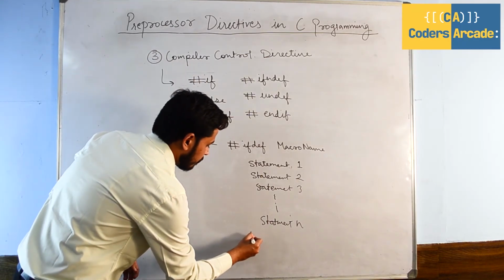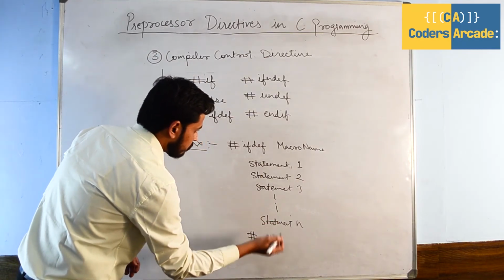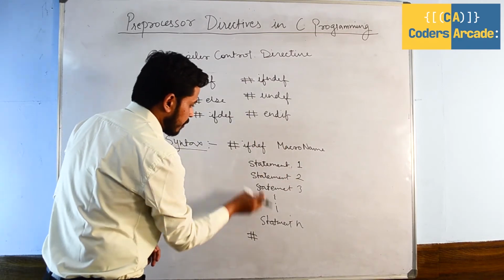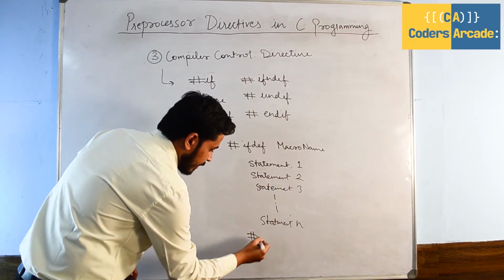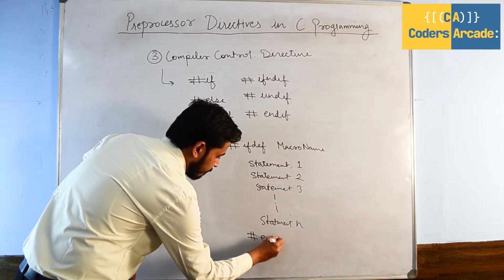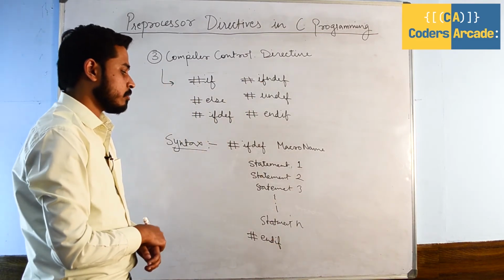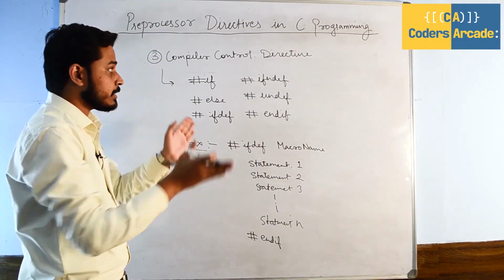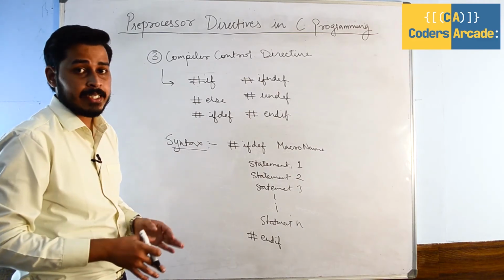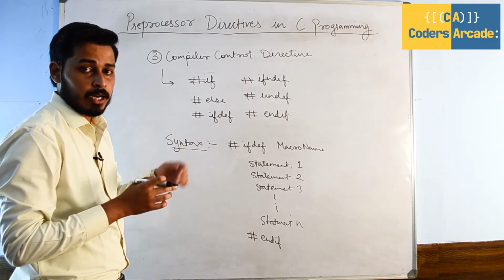And then we will end our program by using this #endif, because we started with #ifdef and now we'll end it using the #endif directive. You will understand this kind of directive properly when I show you the program for this.